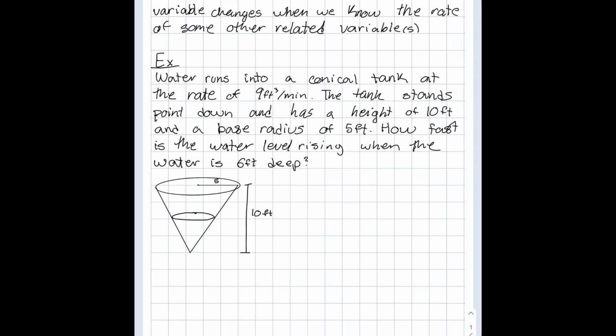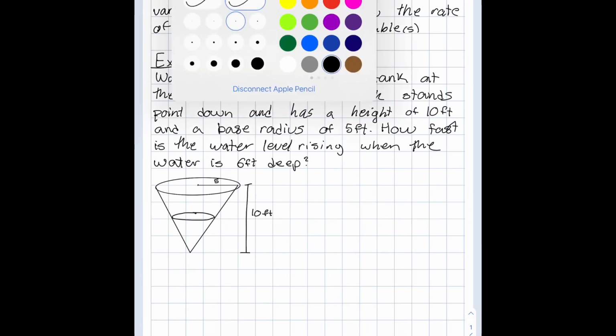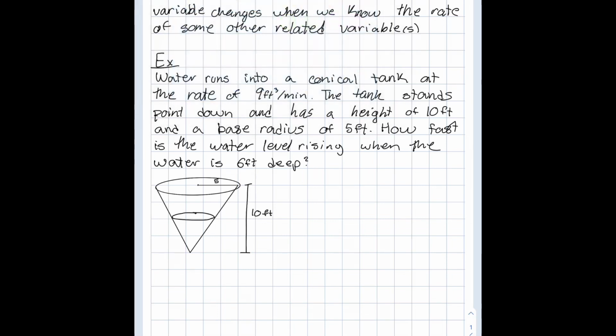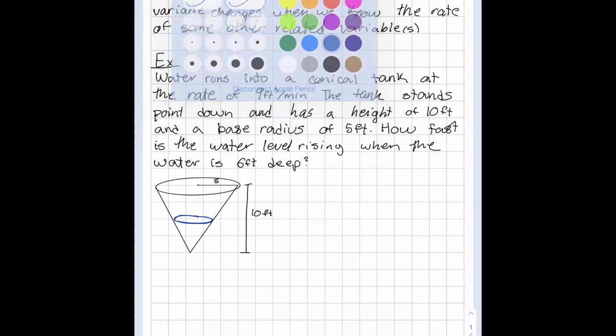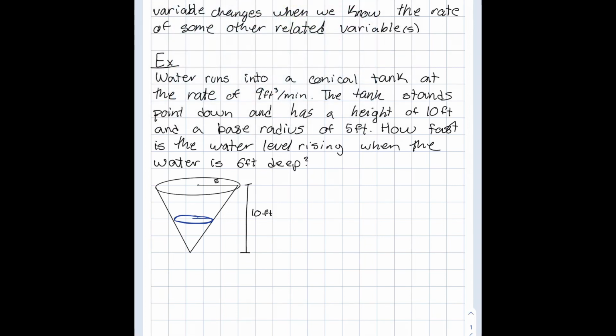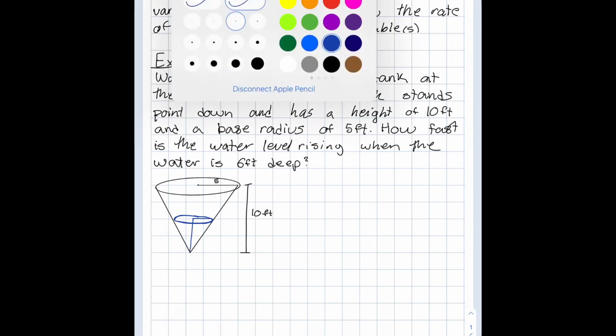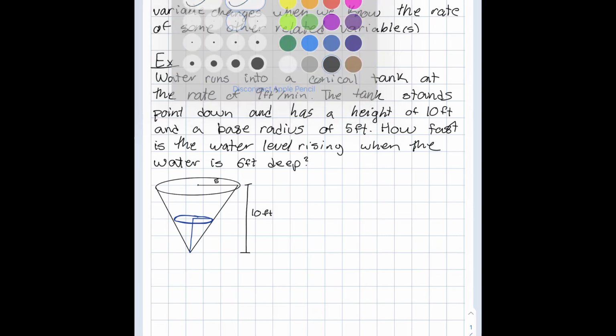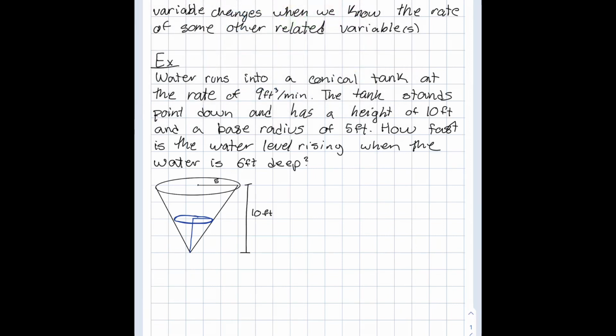As the water level rises, we have another circle that's going to be the water level. We can make this blue for the water. That's also going to have a radius, and it's also going to have a height. So we're going to have three things happening at once.